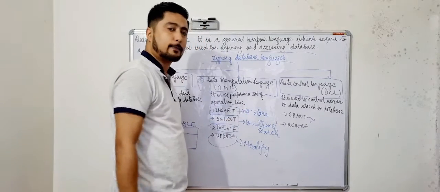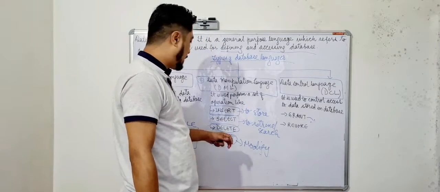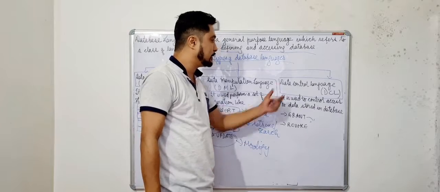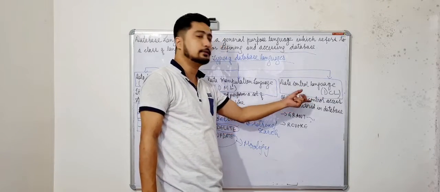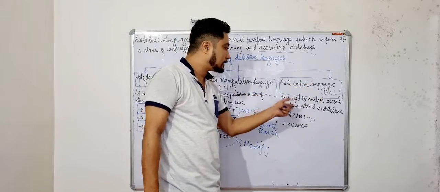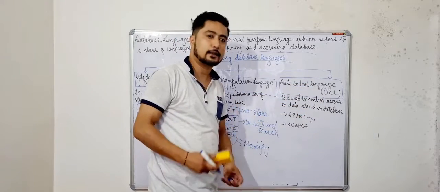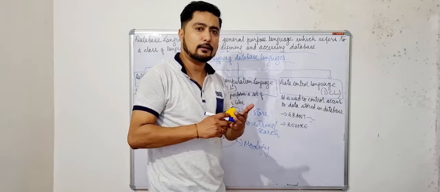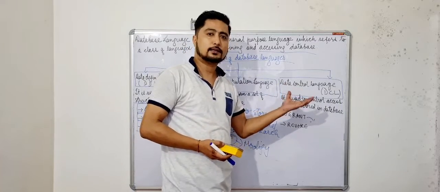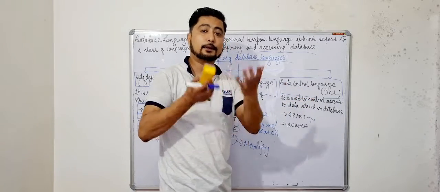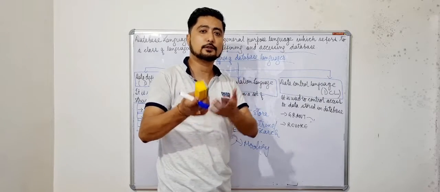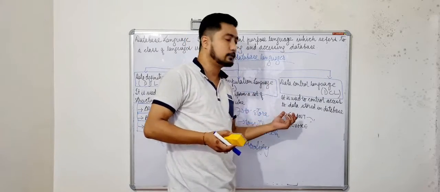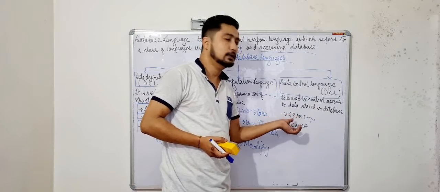After creating the table and inserting the values into the table, then comes the DCL, data control language, which is used to control access to data stored in the database. It provides the permission, or grants the permission, what to do or what not to do with the help of these two commands.